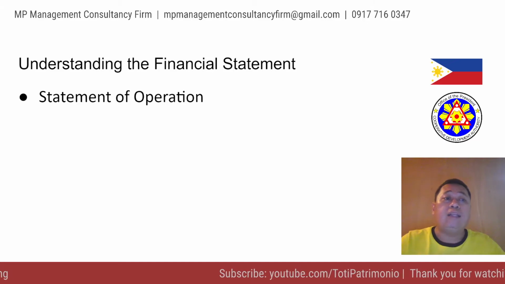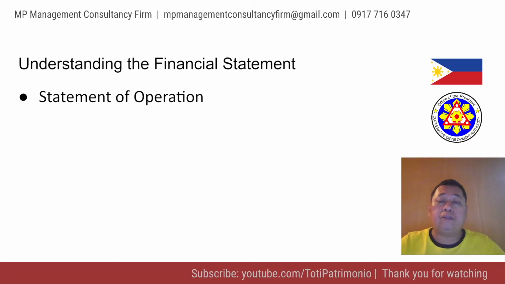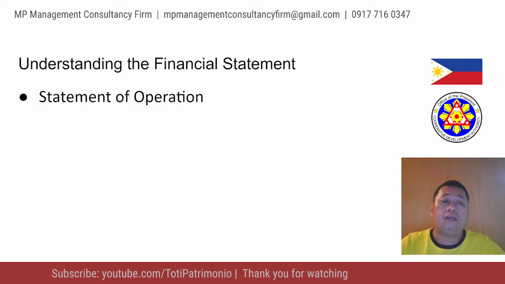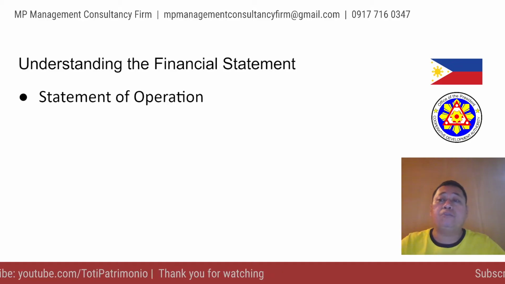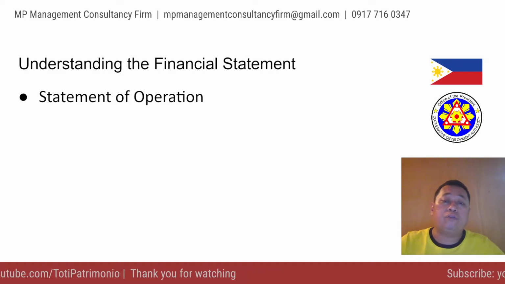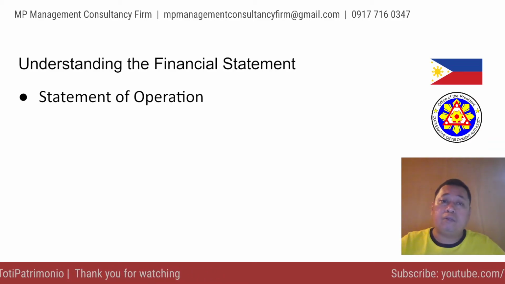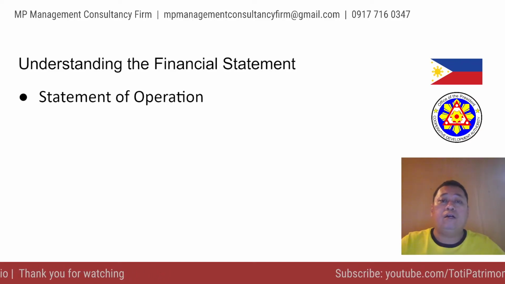Now, another component is the management representation. The management represents the correctness, accuracy, and sufficient presentation of the financial statements. The management representation is normally signed by the president, the chairman of the board, and the treasurer of the cooperative.